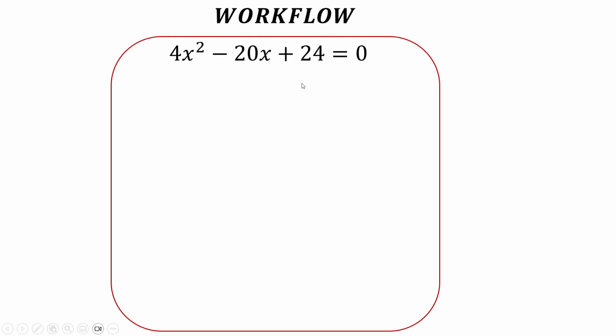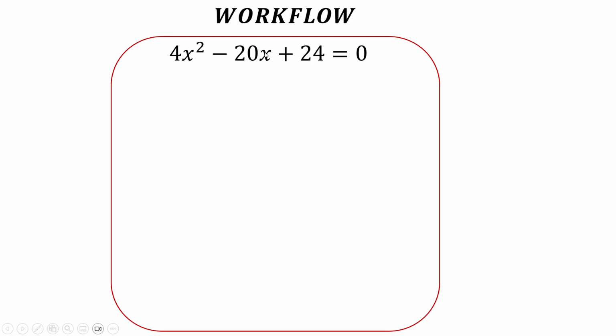Then we would have looked for two numbers which, when we add, give us negative 20, and when we multiply, give us the product of 4 and 24, which is 96. But we are not going to do that in this particular question because we can actually simplify this equation to make the work easier for us.